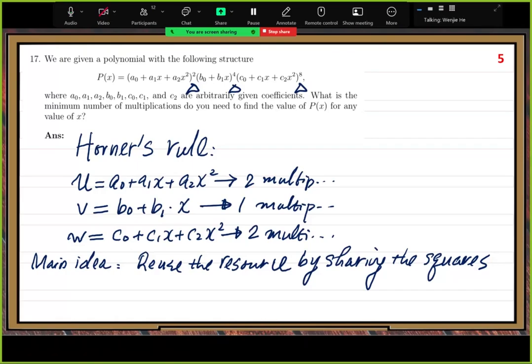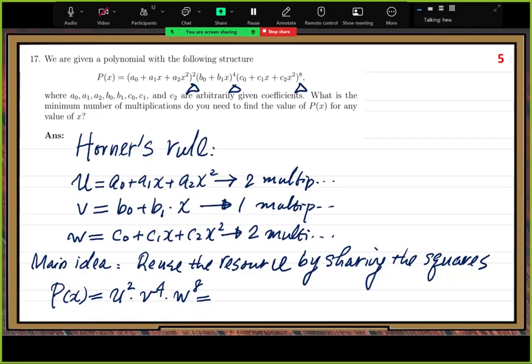Let me write the factorization formula. P of x. Before factorization, we write u square, v to the 4th, w to the 8th. That's before the square sharing. Then let's do the first round of square sharing. We need to do several rounds. First round.